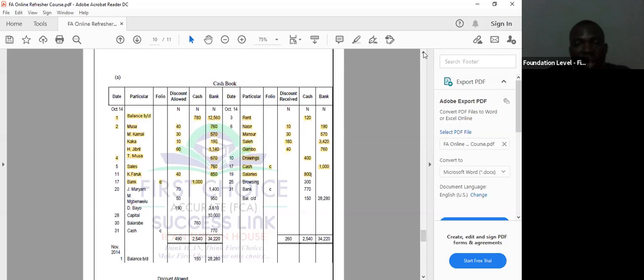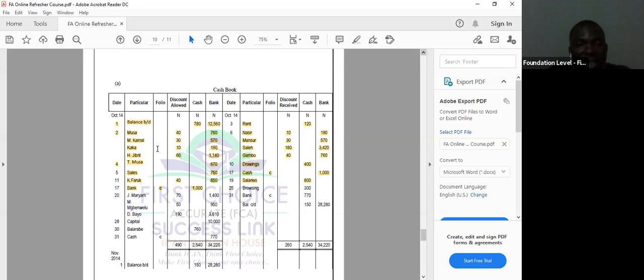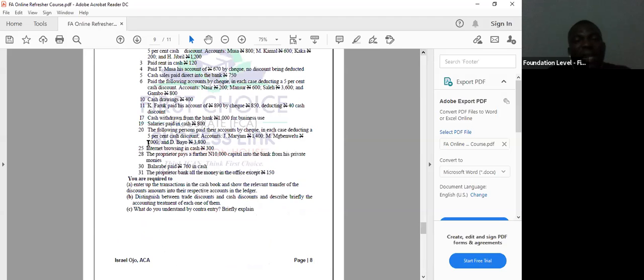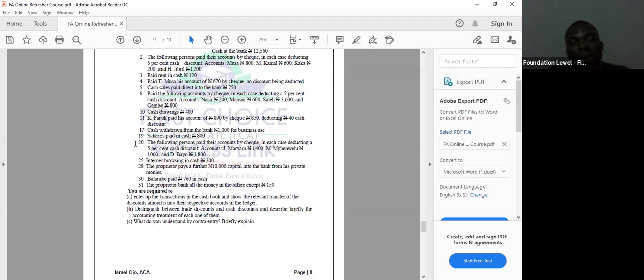Now, if you move forward, under the next one, you see that it says that on October 20, the following persons paid their account by check, in each case deducting 5% cash discount. There are some people that take advantage of the 5% discount, and the following persons paid their account by check.